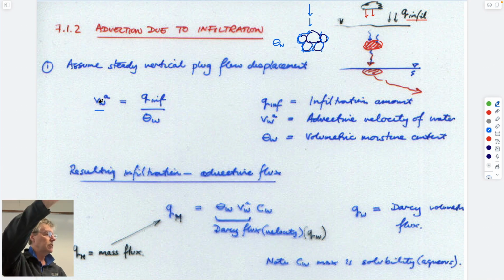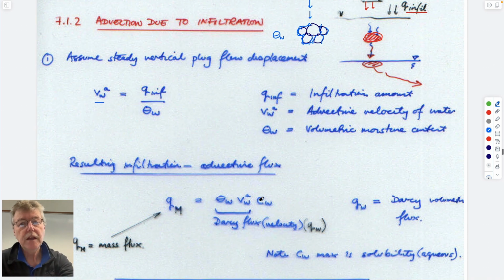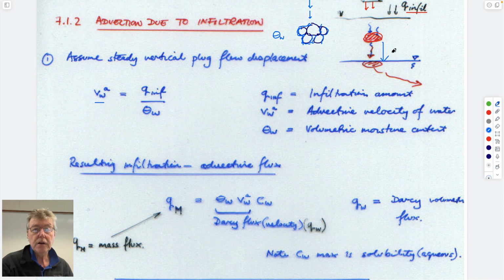If it's 6 inches per year in rainfall, and the volumetric moisture content is 10%, then it's traveling at 60 inches per year, because it's multiplying by a factor of 10, right? Just like advective velocities. So that would be the velocity at which it would travel. So V_AW.